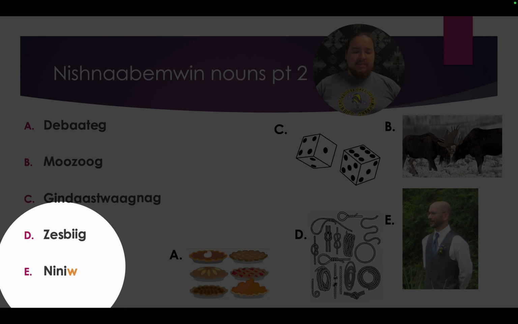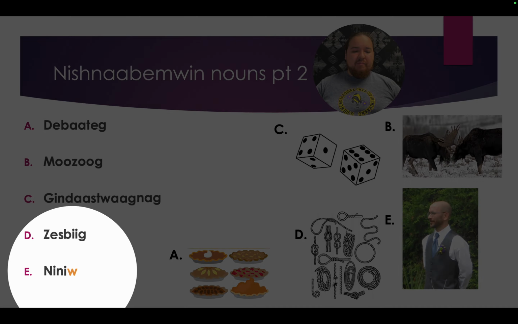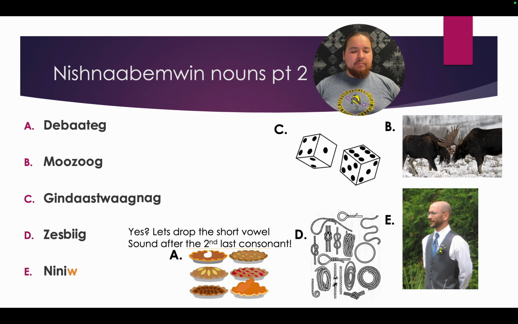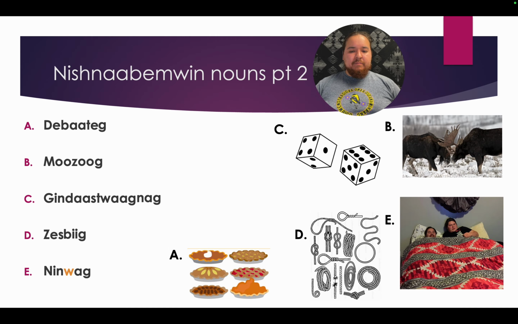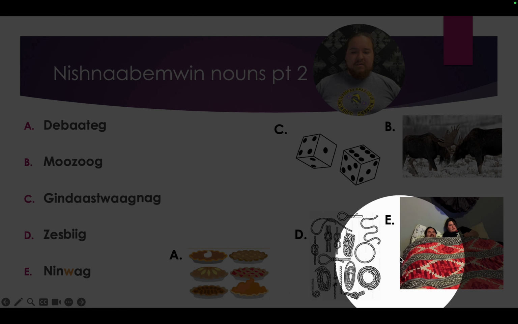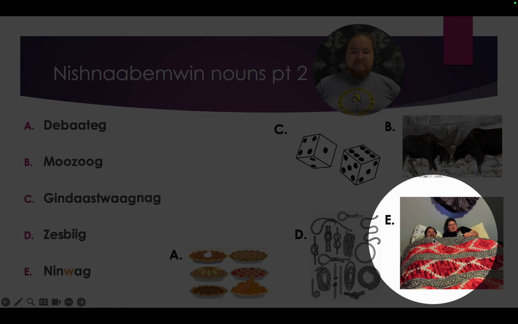N we know is a consonant sound. It has an I in front of it and a short I after it. So we've got to get rid of that short I before we add the plural suffix. So nene becomes ninwug. And there should be a familiar face over here. There's a handsome man right there.